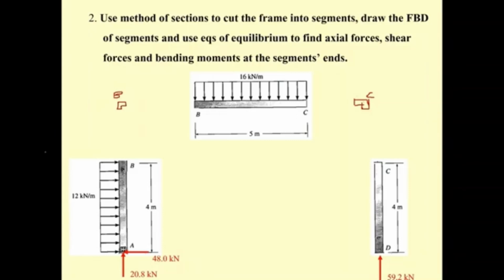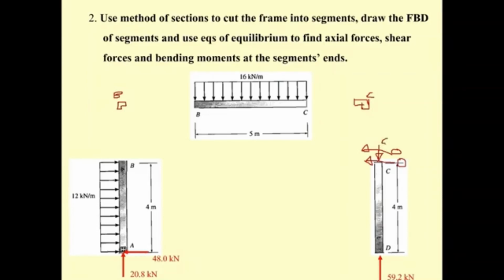And then if you consider the column CD, you may see that this column has only the vertical force. So there is no horizontal shear here. Shear here is supposed to be 0 because there is no horizontal force. And also the moment here needs to be 0 because there is only the axial force along the member. So we have only the force here.